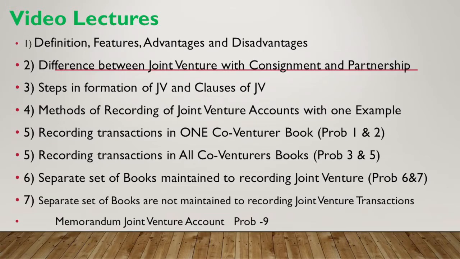Video number 8 is where a separate set of books is not maintained, that is, the preparation of memorandum joint venture account. So with these 8 videos we are learning the theory part as well as problem number 1, 2, 3, 5, 6, 7 and 9.